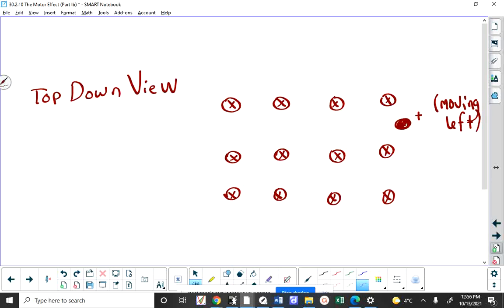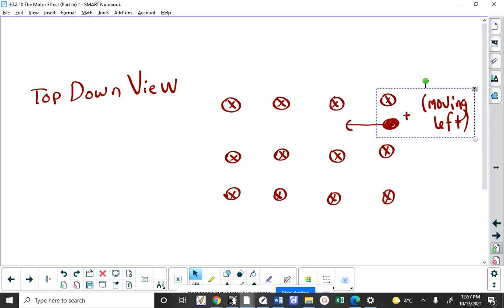So if we pick this whole room up and tip it up like this, and if you're watching this on video, you don't see what I'm doing, but we're looking down from the top, from the ceiling to the floor. It's moving to the left. So it's moving this way. And as soon as it enters the magnetic field, I'm going to nudge this over just a little bit. As soon as it's in the magnetic field, this is the direction of the velocity.